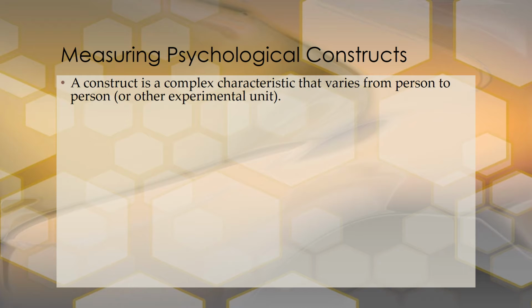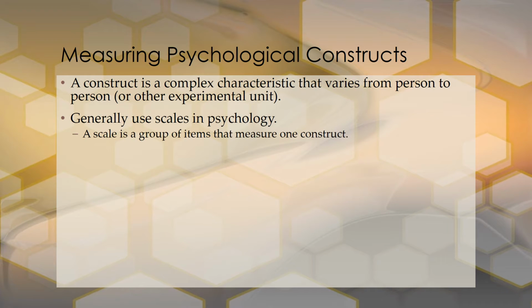Or how old you are is another thing that's not very complex. You can measure in years or seconds, but they convert to each other. So when we are measuring a construct in psychology, we generally use scales. And a scale is a group of items that measure one construct.